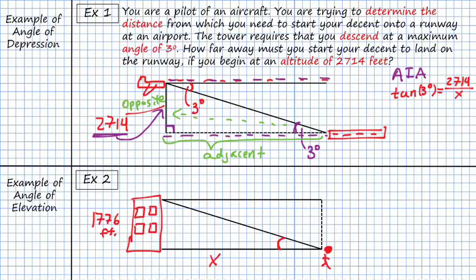Okay? And we can do our little trick here where we just swap these two pieces, right? And what we'll see is that x is equal to 2714 divided by the tangent of 3 degrees. And what we find is that x must be about, I'm going to round it to 52,000 feet.